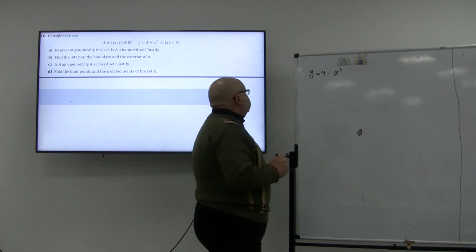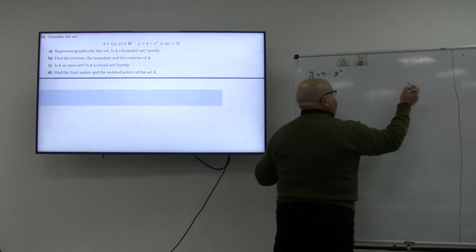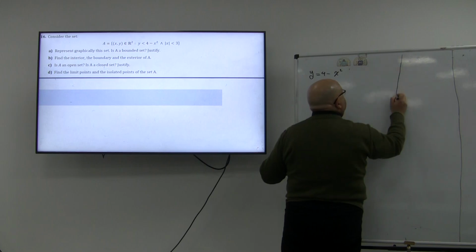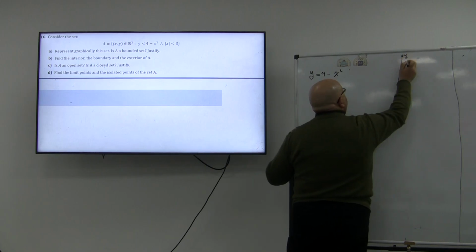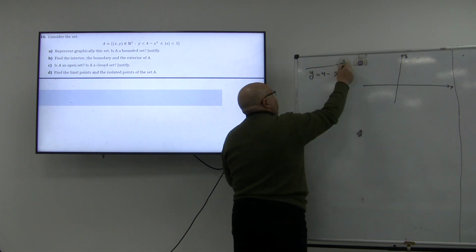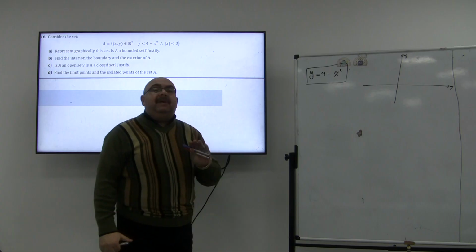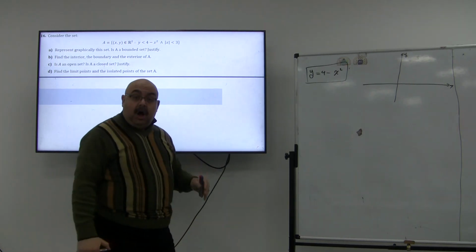So y equals 4 minus x squared, that's the boundary. This is the y-axis, that's the x-axis. This is an equation of a parabola which is symmetric about y.